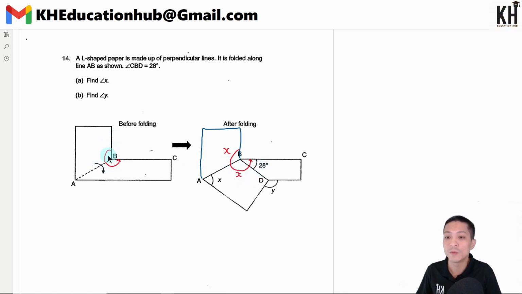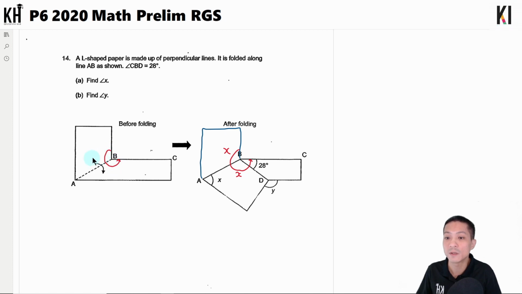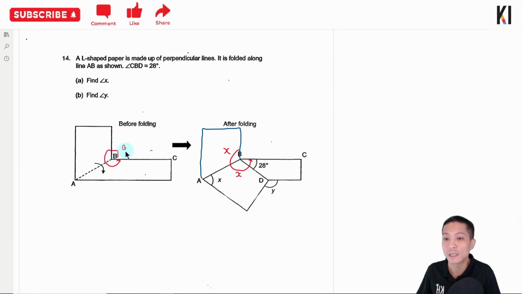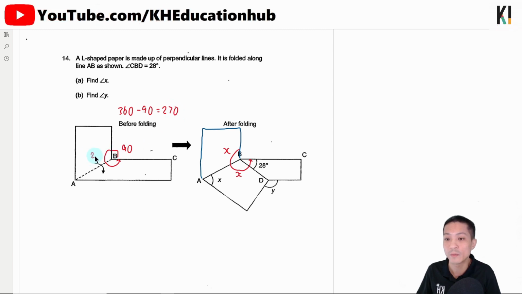This angle over here consists of, this is 270, because the angle over here is 90. If you use 360 minus 90, it's going to be 270.